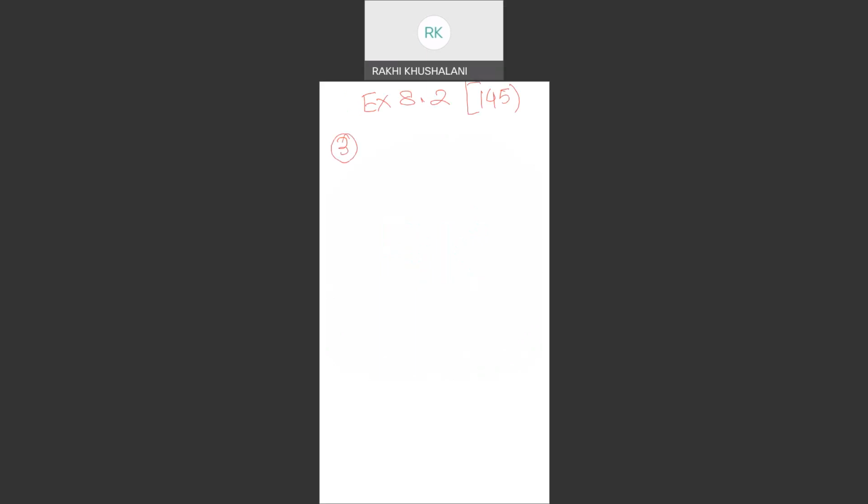Now, Gopal takes or covers a distance when he takes a step. You can write the statements the way you want.